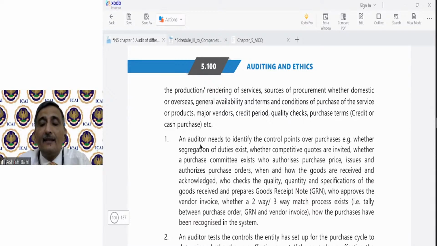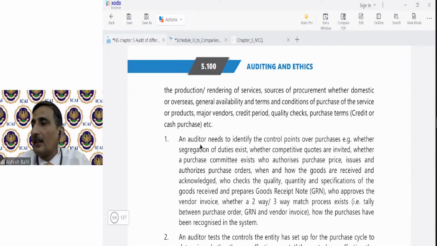So all these things he would see while performing his substantive procedures, and he would also perform analytical procedures by seeing trends of purchases, by analyzing month-wise purchases, by comparing purchases of the current year with preceding years, and by calculating various ratios.